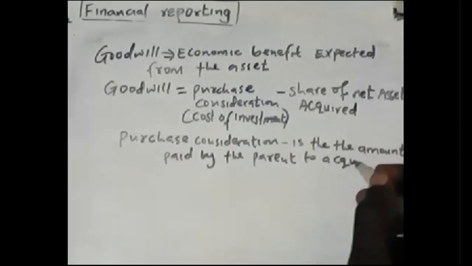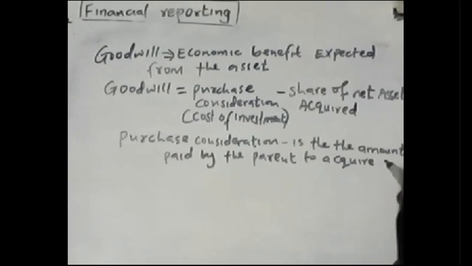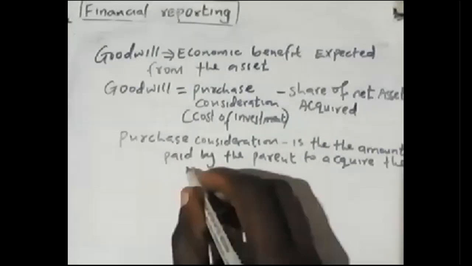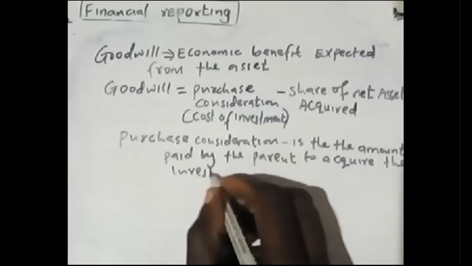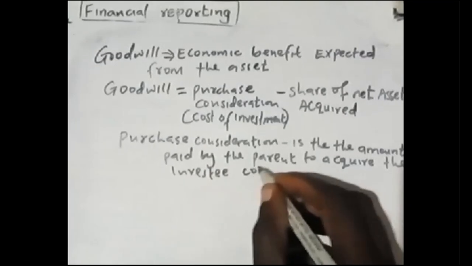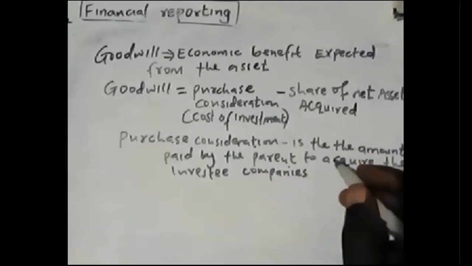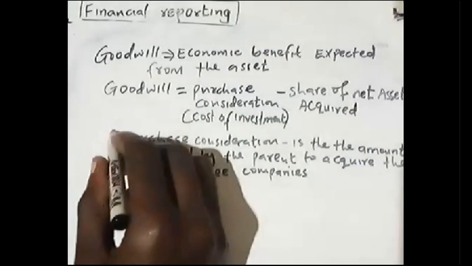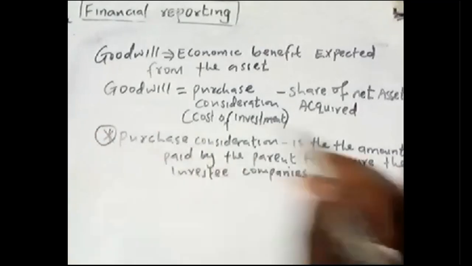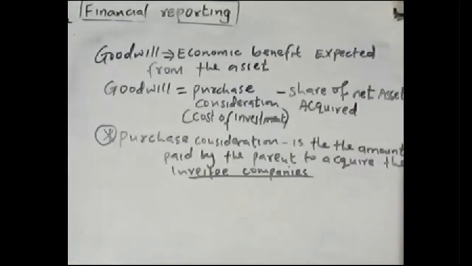It can be a subsidiary, an associate or a joint venture. So it is the amount which the parent paid to acquire the investee companies.